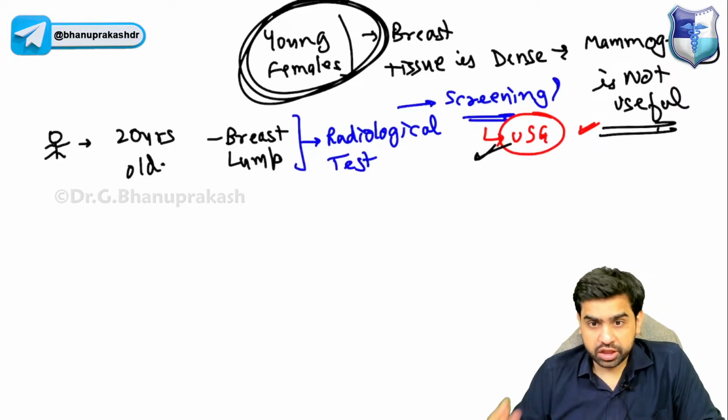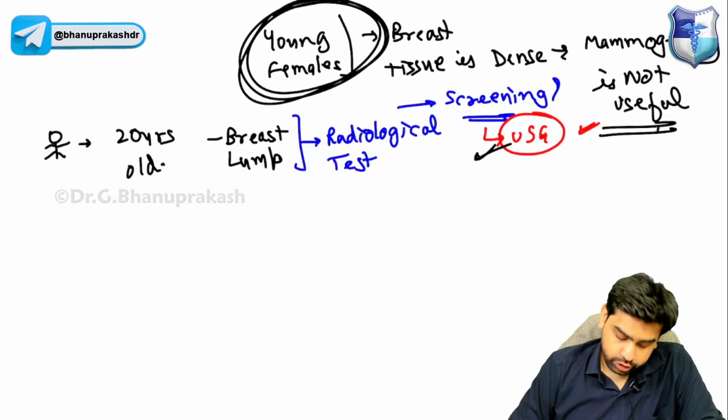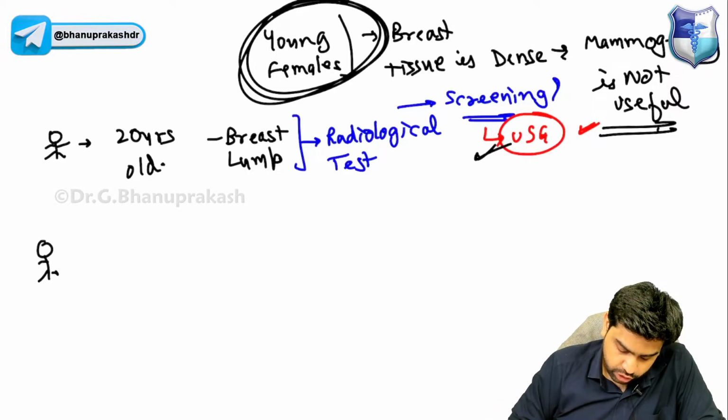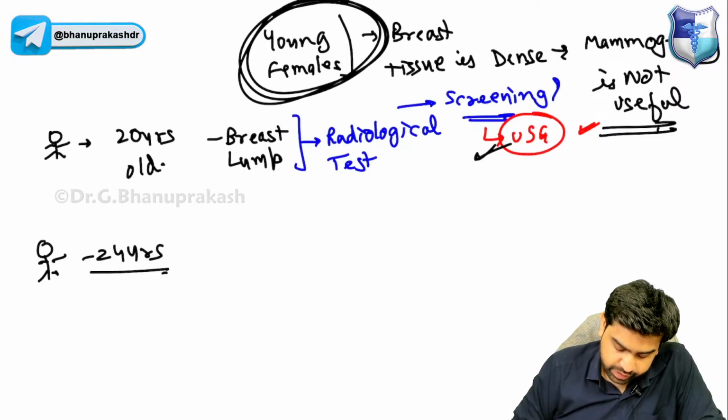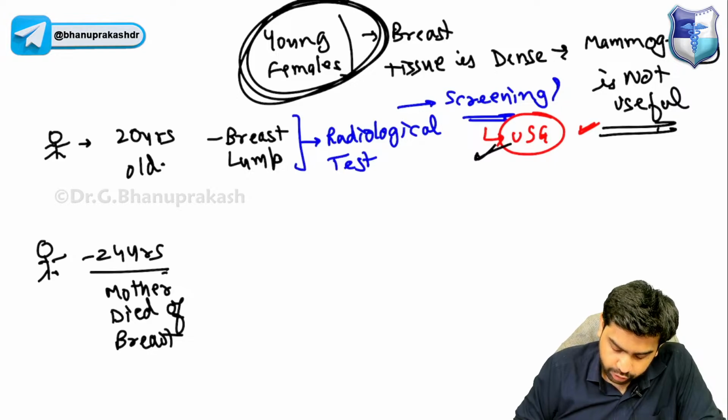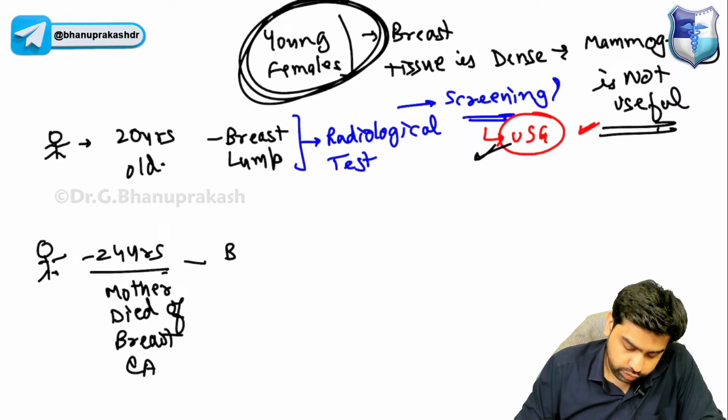Now, because this is such an important concept, I'll give you another question. Let's assume that there is a patient who is 24 years old and she says that her mother died of breast cancer. Now she is coming to you for screening.